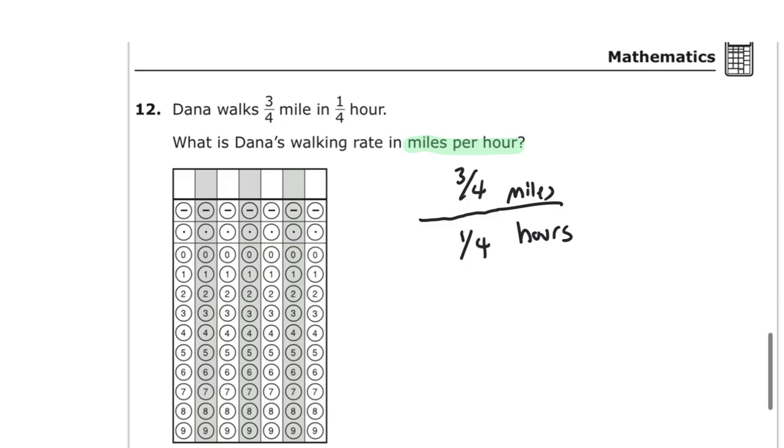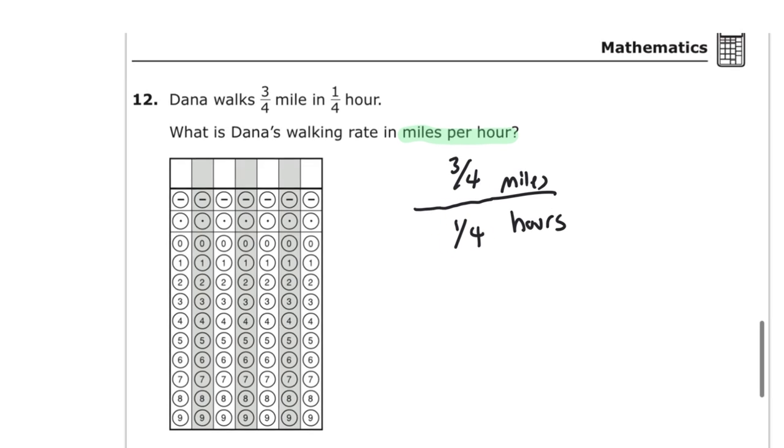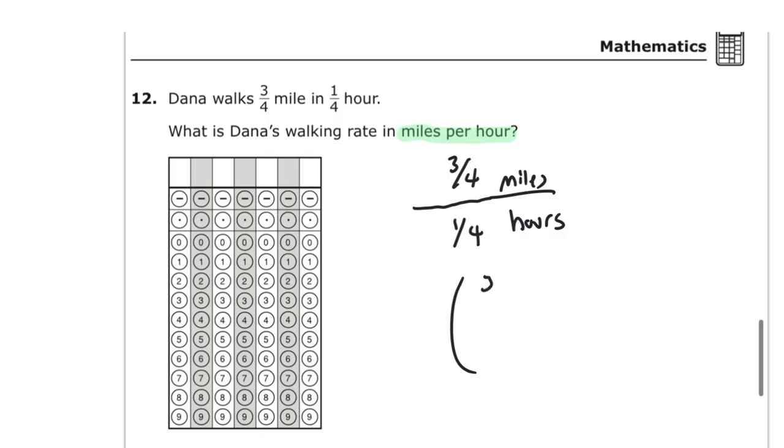Now, this is the miles per hour speed. You could think of it as 3/4 over 1/4 miles per hour. Okay. In a way, we almost already have the answer. It's this number, miles per hour, right? But this is not a nice looking number. So obviously in this answer grid, they're not going to want this. They're going to want you to turn that into a nice number.